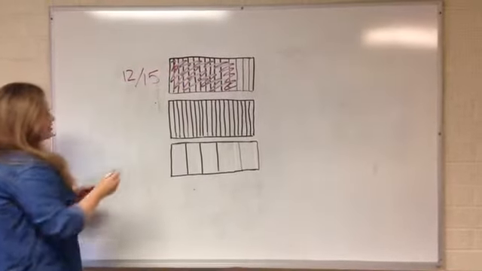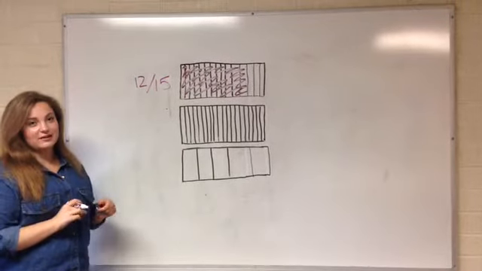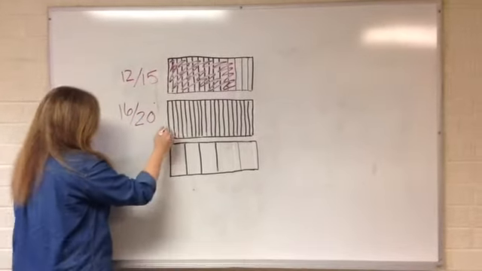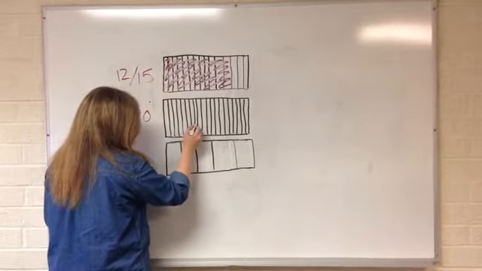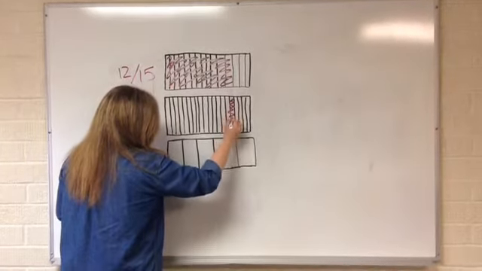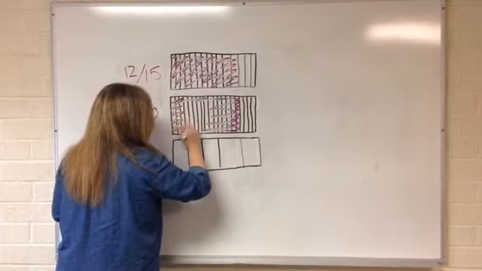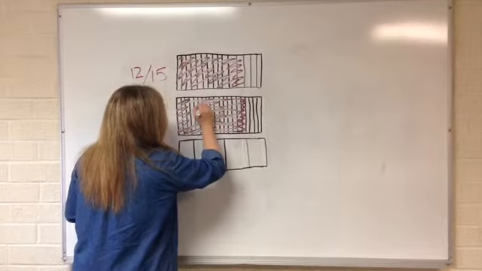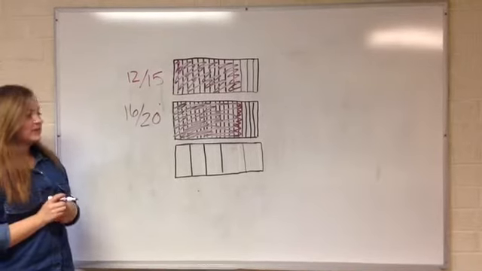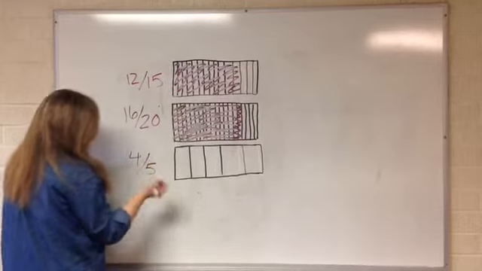This one right here is cut up into 20 pieces, and we're going to shade in 16 out of the 20 pieces. And this last bar here is cut up into 5 pieces, and we're going to shade in 4 out of the 5 pieces.